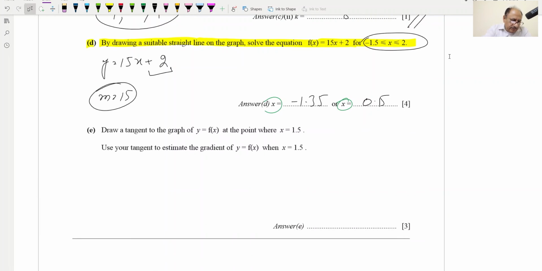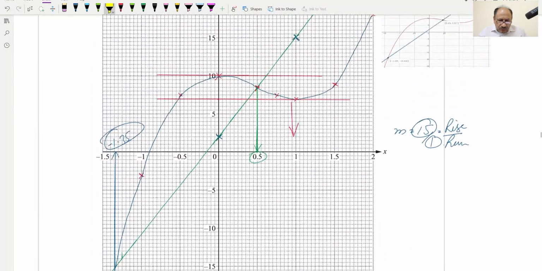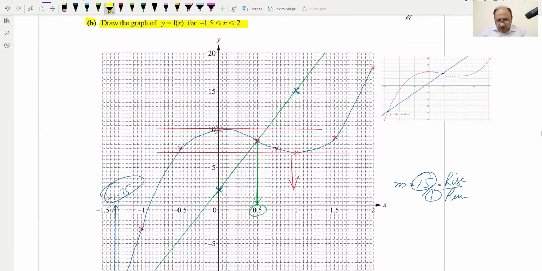Then for E part, they are saying, draw a tangent to the graph y is equal to f of x at the point where x is equal to 1.5. Use your tangent to estimate the gradient at 1.5. So first we have to draw the tangent, and then we have to find the gradient at 1.5.